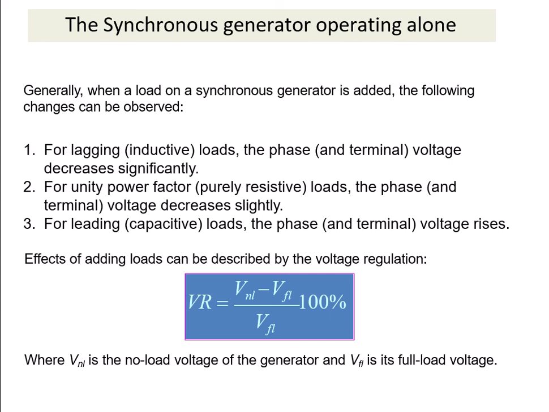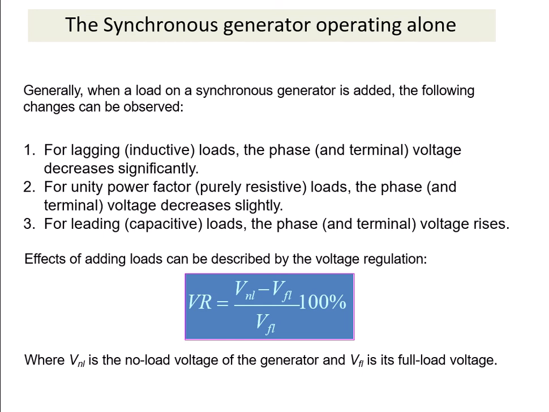For unity power factor the voltage also decreases, but for the leading power factor, capacitive load, our voltage rises. The effect of adding load can be described by the voltage regulation: VR is equal to V no load minus V full load, upon V full load. For lagging load, the no load voltage is more, and if we increase the load then our full load voltage will be less, so our voltage regulation is positive, and it is not good.